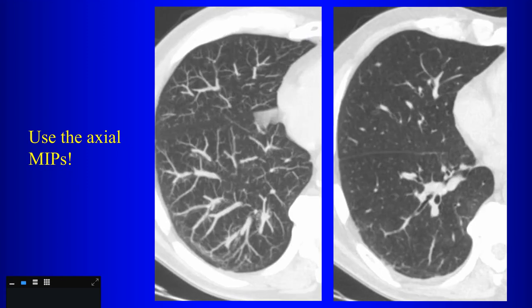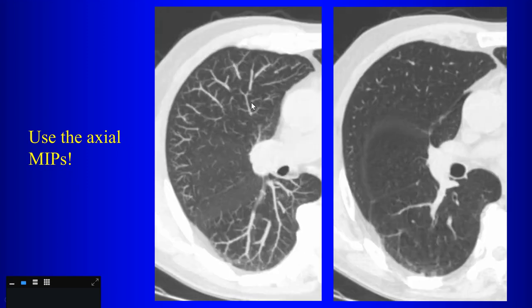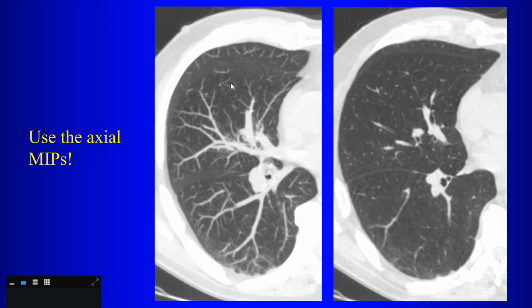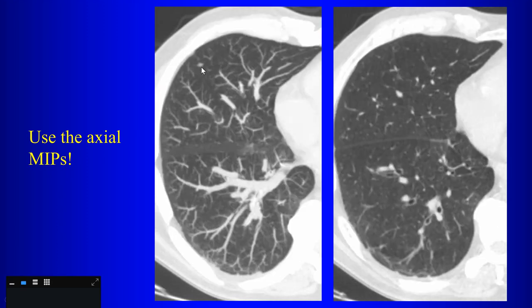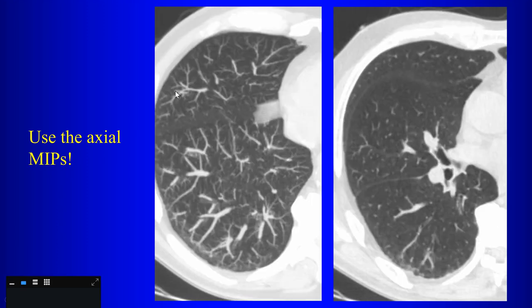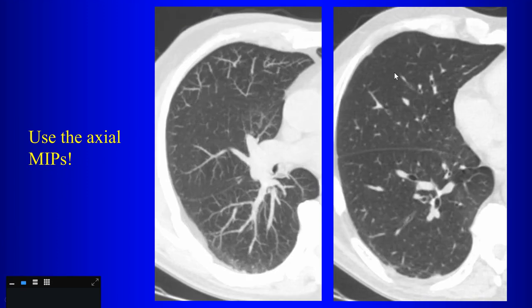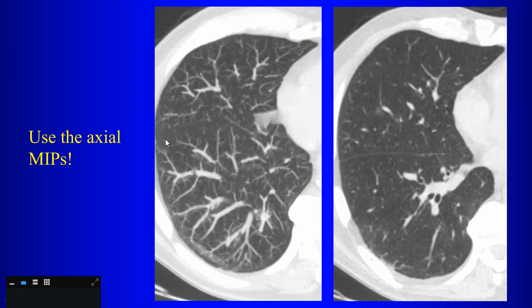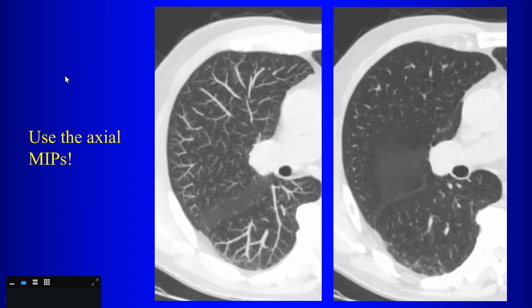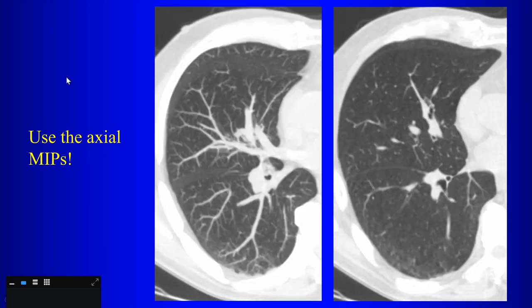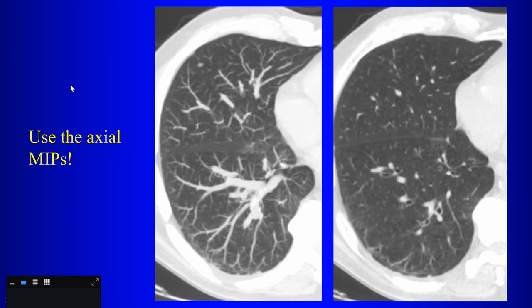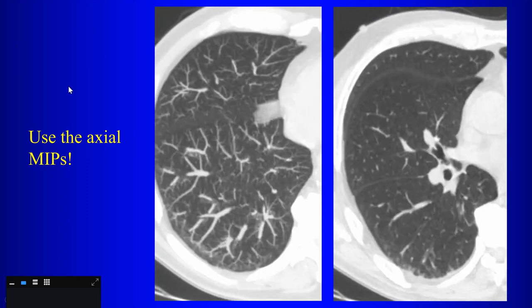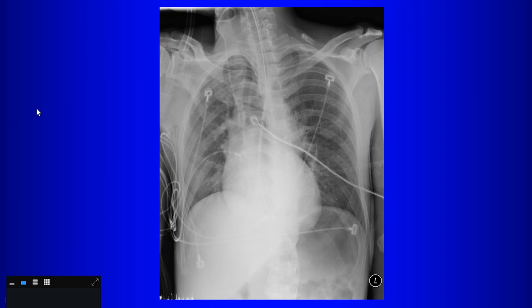So when you're looking for small nodules, really use the axial MIPs, because as you scroll through, it is much, much easier to see these small nodules on the axial MIPs, and then you go back and find them on your thin sections. So that's one word of advice. Really use your axial MIPs when small nodules become important, depending on the clinical question you're being asked on CT.